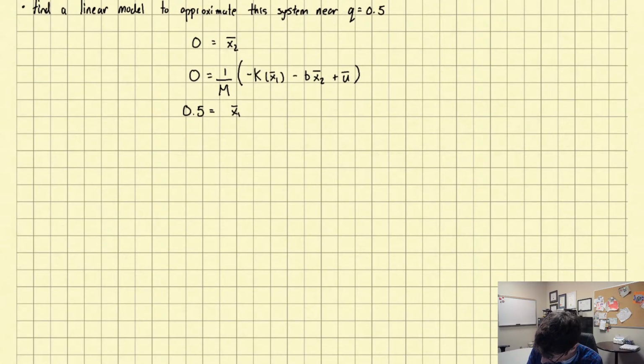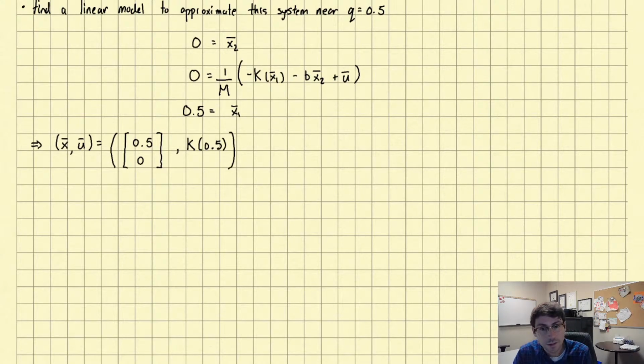We will get the position has to be 0.5, the velocity has to be 0 because we want to stay still, and then the control just has to apply enough force to balance out the force of the spring, right? So we're going to get that u is simply equal to k at 0.5. Okay? It's just balancing out the effect of the spring.